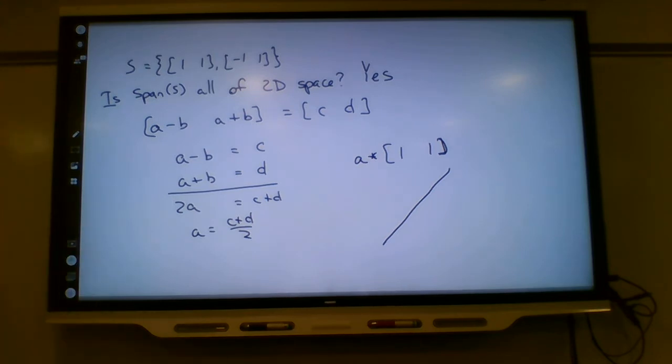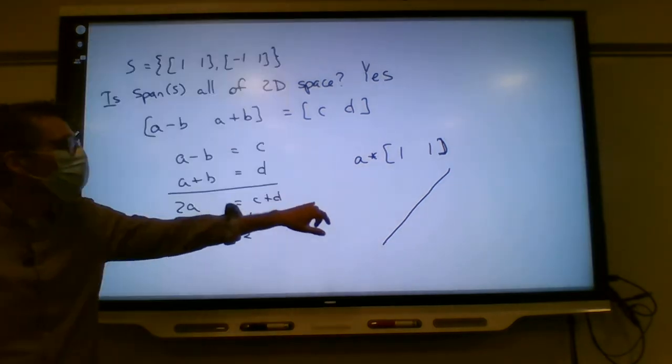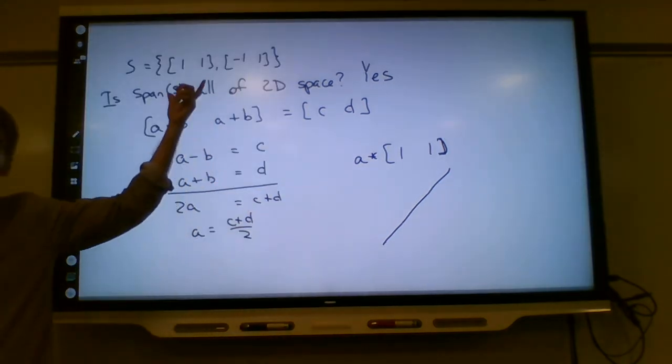So if this current coordinate system that we're using can find all 2D space, is there a coordinate system that we can't use? Well, good question. Let's see. Let's just try something. So is everyone okay with the fact that we can build everything in this new coordinate system?